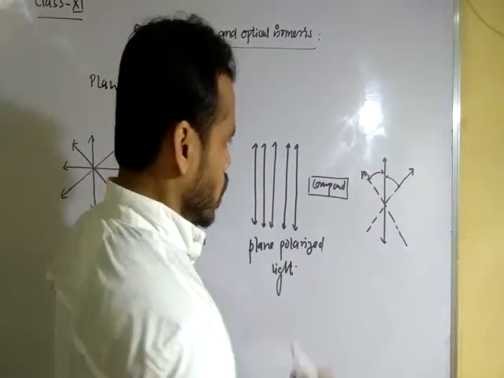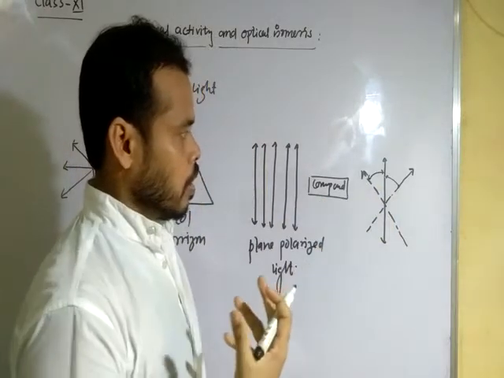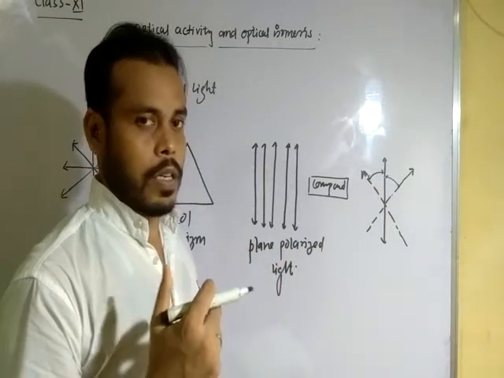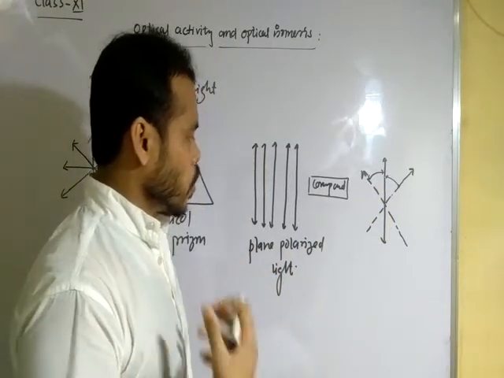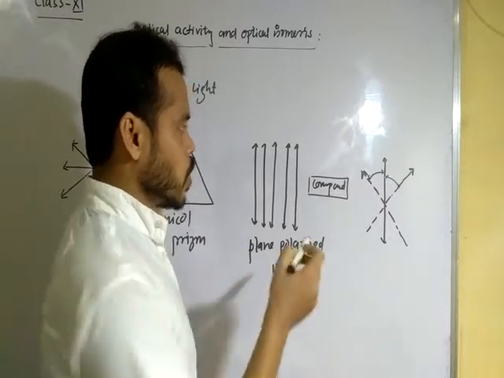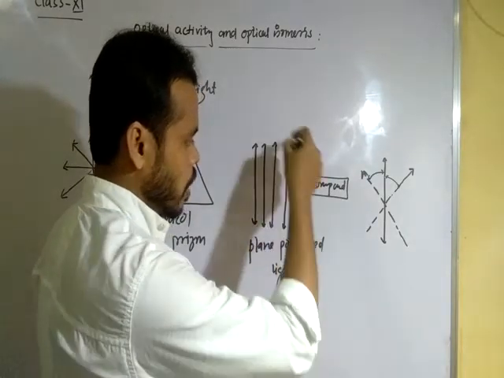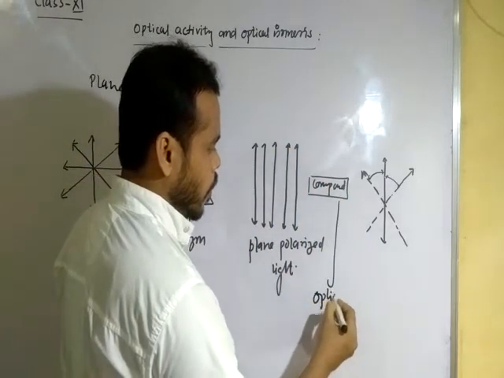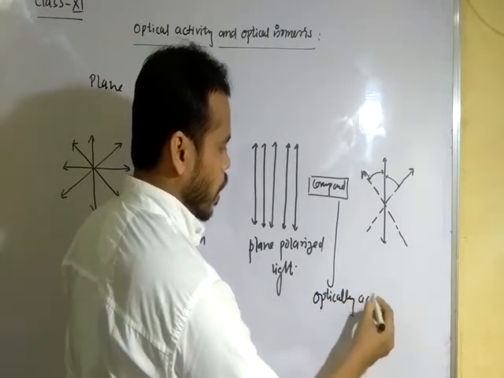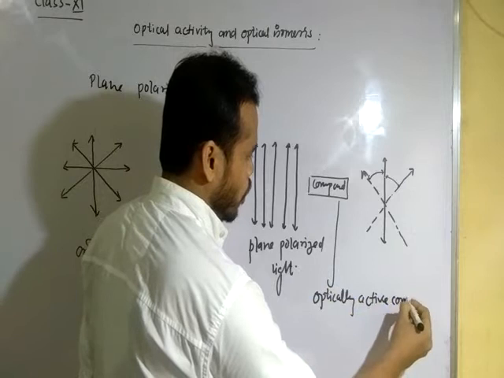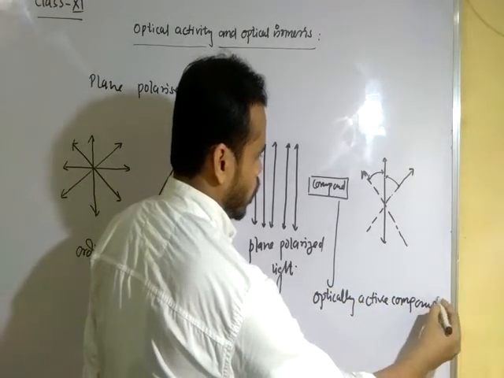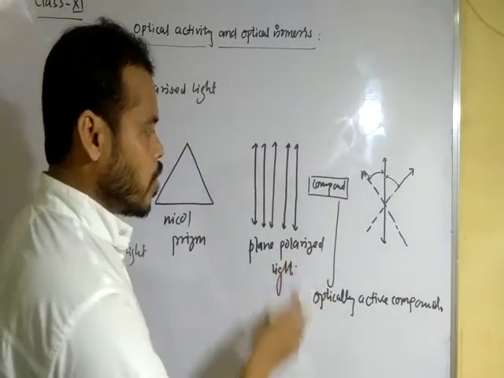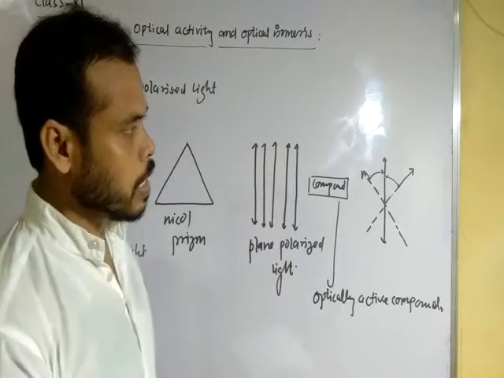So this compound has the property to rotate the plane polarized light. So this compound is called an optically active compound, because it has a tendency to rotate the plane polarized light.